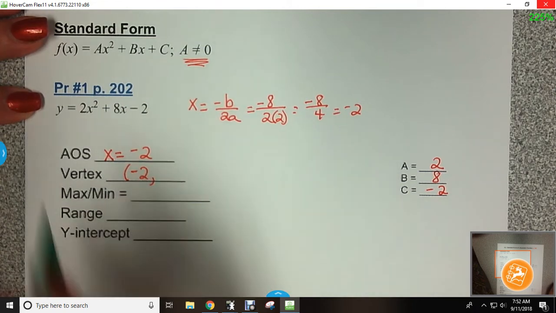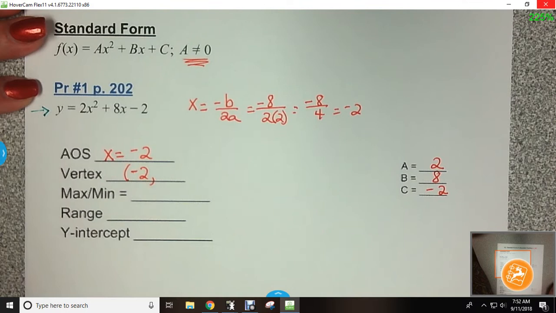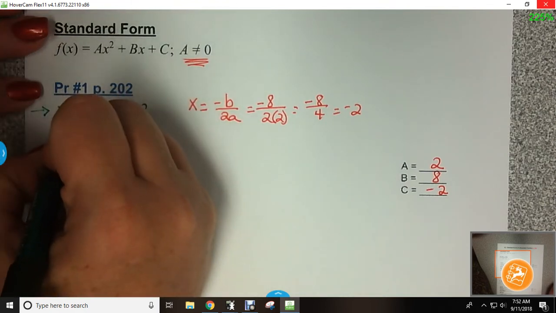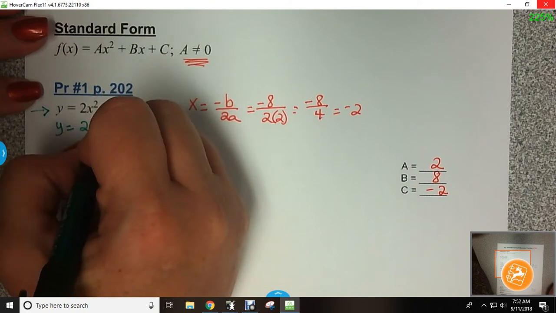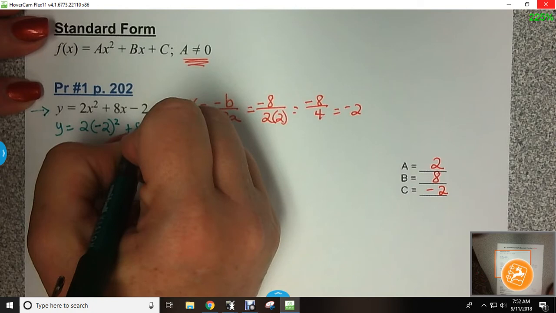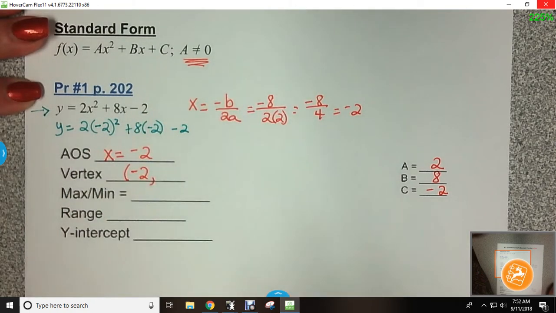So we're going to go up here to this original equation, plug negative 2 in for all of the x's, and then we can solve for y. So I've got y equals 2 times negative 2 squared plus 8 times negative 2 minus 2.